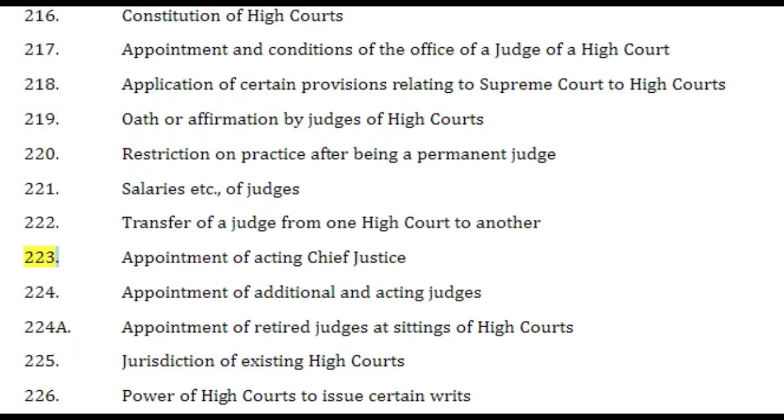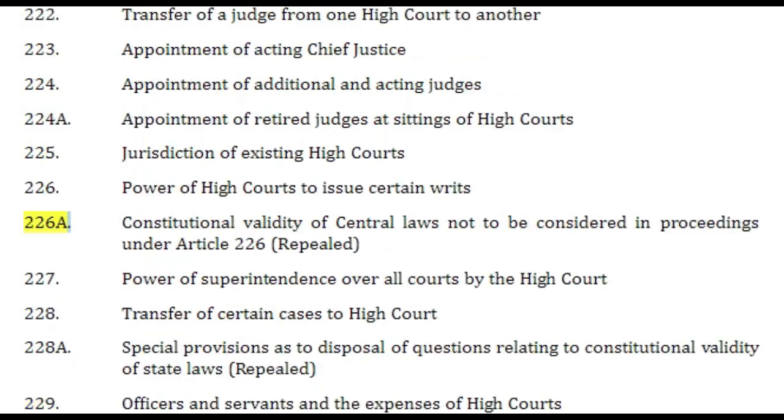223. Appointment of acting Chief Justice. 224. Appointment of additional and acting judges. 224A. Appointment of retired judges at sittings of high courts. 225. Jurisdiction of existing high courts. 226. Power of high courts to issue certain writs. 226A.